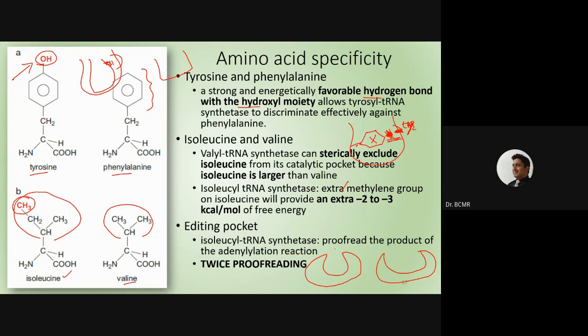So valine can fit in here because the size, everything is matching. Whereas isoleucine cannot fit in here because the pocket is a little smaller. The extra methyl group cannot fit into this one. So there is steric hindrance or steric exclusion. That is, isoleucine cannot fit into the pocket made for valine because isoleucine is bigger.